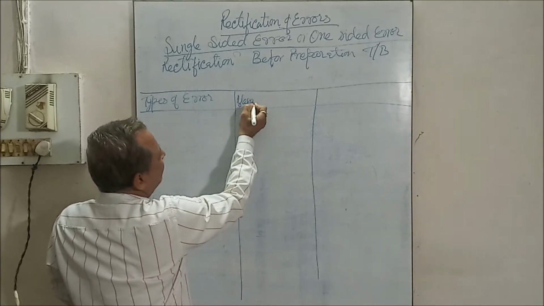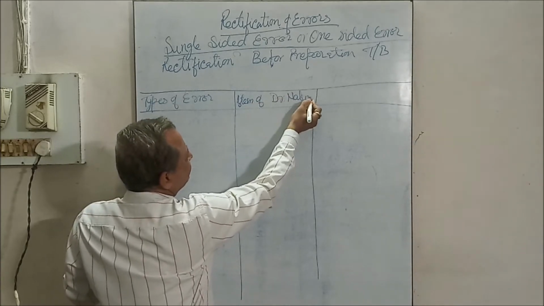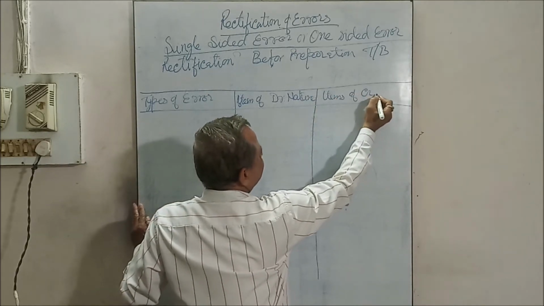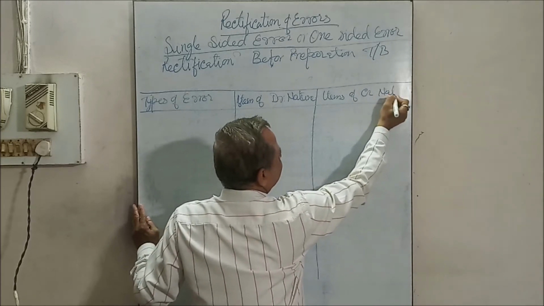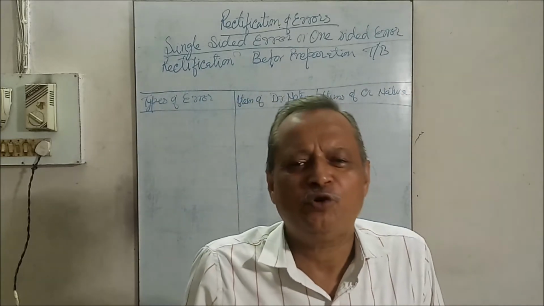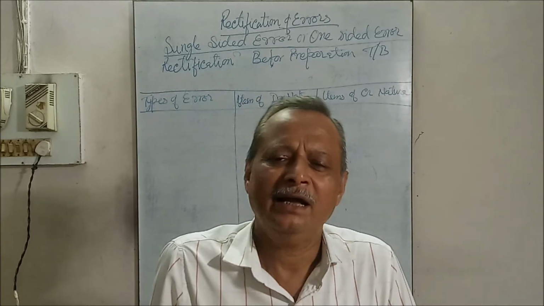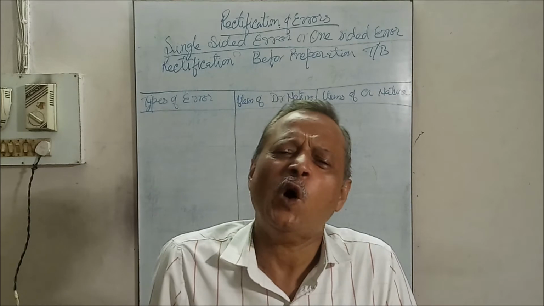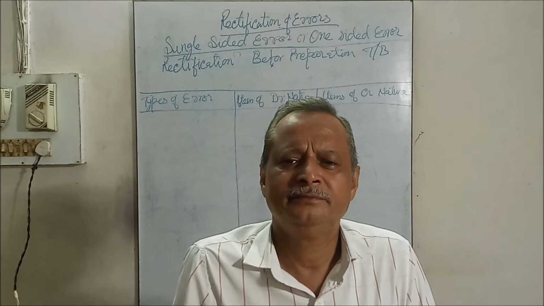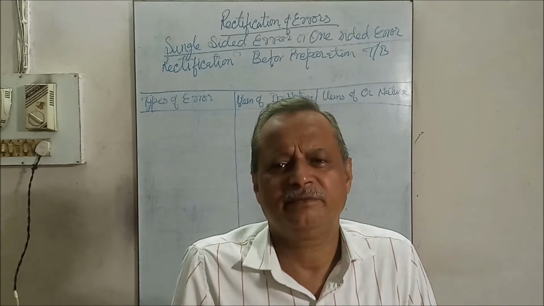Items of debit nature. Items of credit nature. As you know, transactions are of two natures, debit nature and credit nature, either a debit item or a credit item. And you know how to prepare the trial balance. So all expenses and assets, purchases, sales return, debtors, all these are of debit nature.